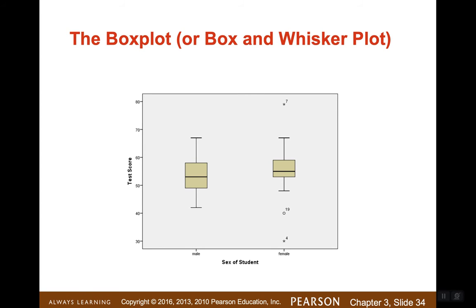The other terminology we use is box and whisker plot. They're both kind of the same. So if we take a look at how the data is skewed for a set of students, male versus female.